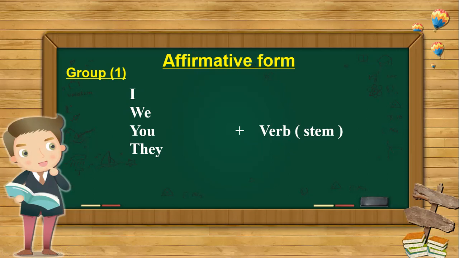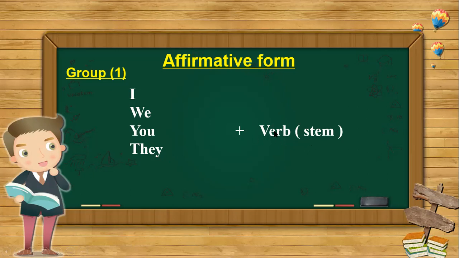I don't add anything to the verb. We watch TV. I put watch without any addition. You like apples. I didn't add anything to the verb. It is the verb stem or the infinitive.